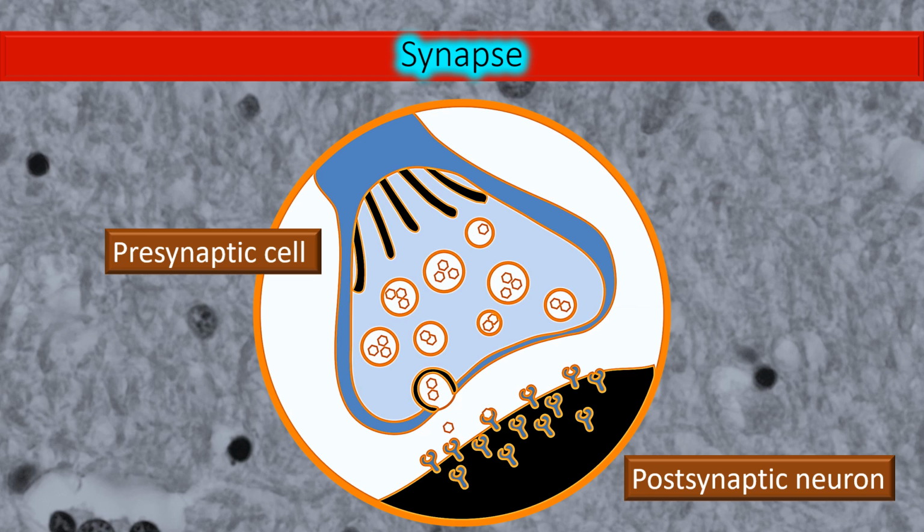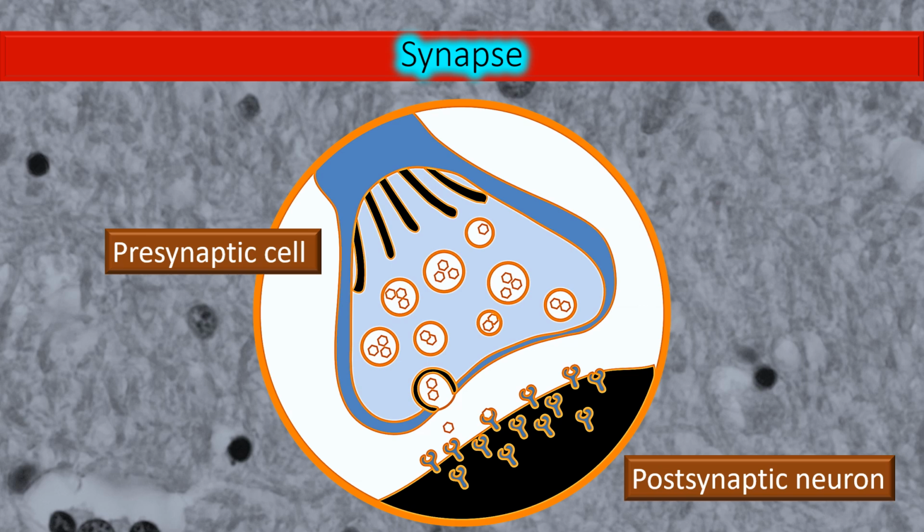The terminal end of the presynaptic cell ends in a bulbous ending, and that bulb contains the secretory granules rich in neurotransmitter. A single terminal may have different varieties of neurotransmitter, and it can be secreted as required. Some of the common neurotransmitters that you will see in this discussion are acetylcholine and adrenaline.